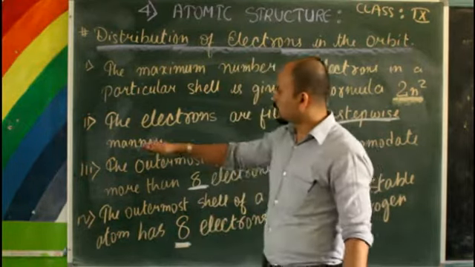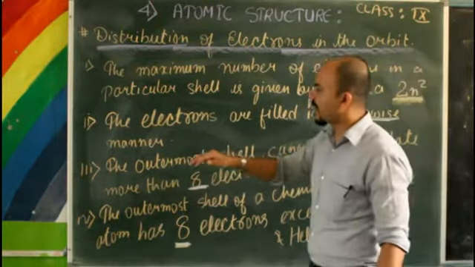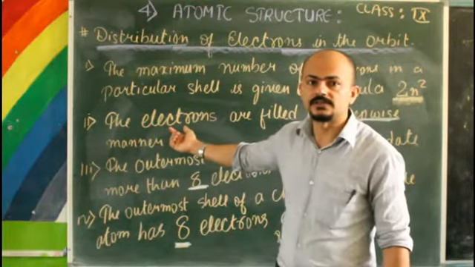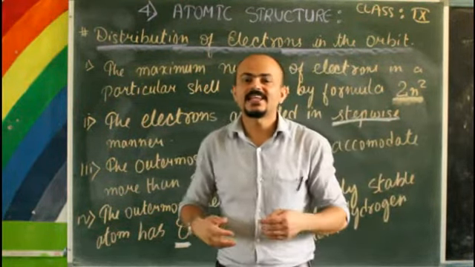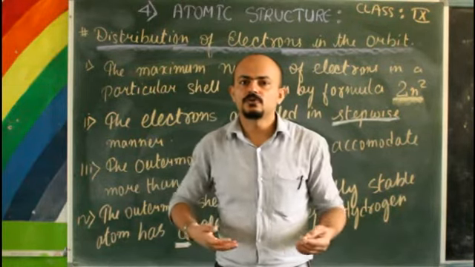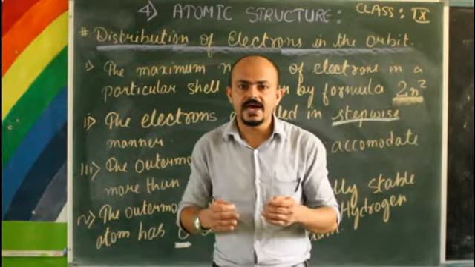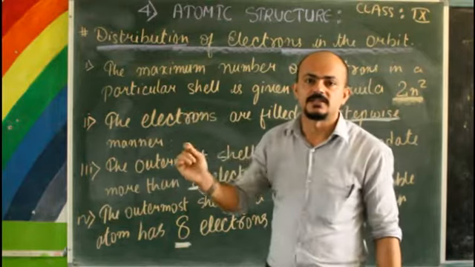Now let's move on to the second point. The electrons are filled in a stepwise manner. This rule is so important. You cannot fill the electrons in any shell in a disorderly way. There is a certain pattern in which these electrons are filled in a particular shell.